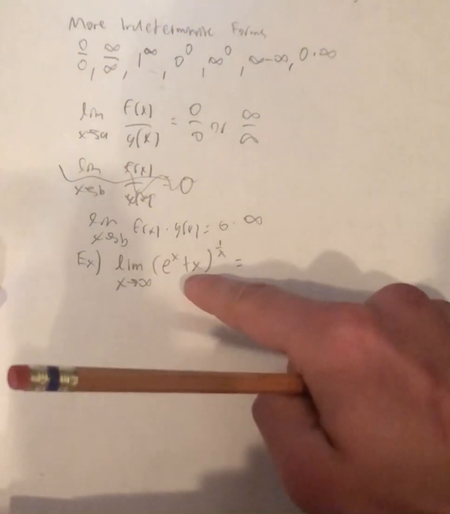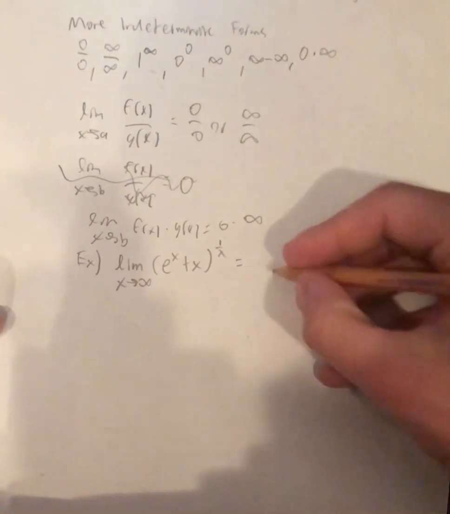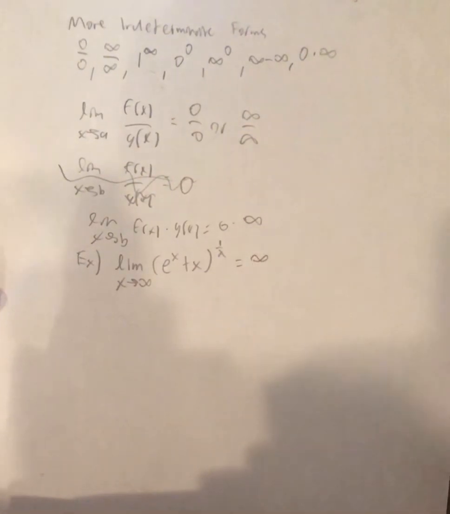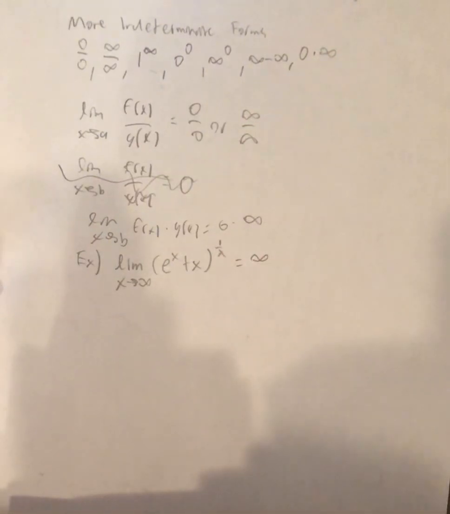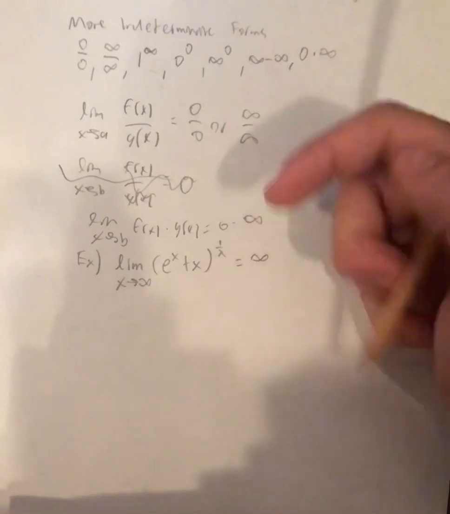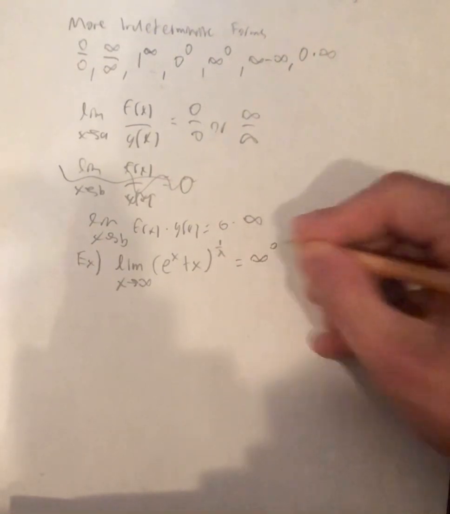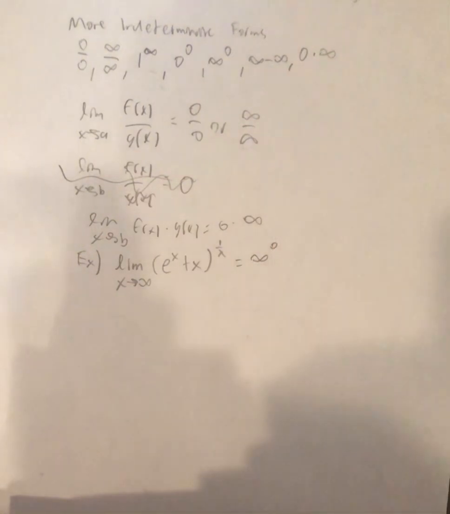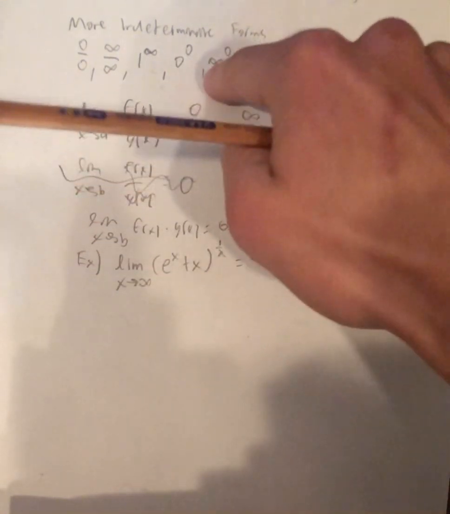As e to the x plus x goes to infinity, that will increase without bound. So that's infinity. And the power 1 over x, as x approaches infinity, will reach 0. So we have infinity to the power of 0. That is an indeterminate form.